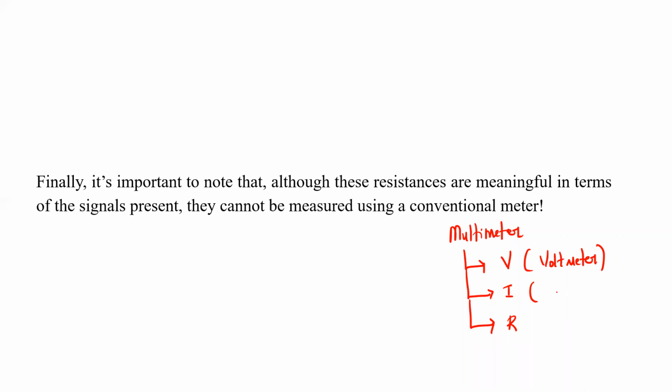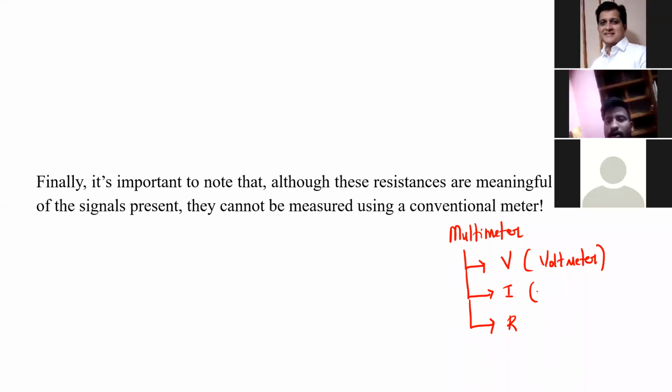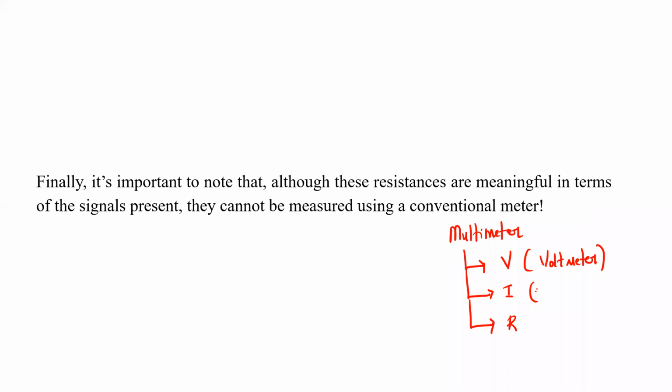If you are measuring the current, it is called an ammeter. And if it is resistance, we call it an ohm meter. Voltmeter if it is voltage, ammeter if it is current, ohm meter if it is resistance.